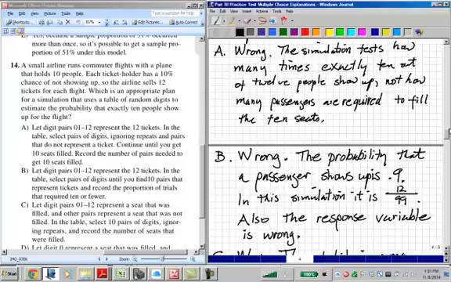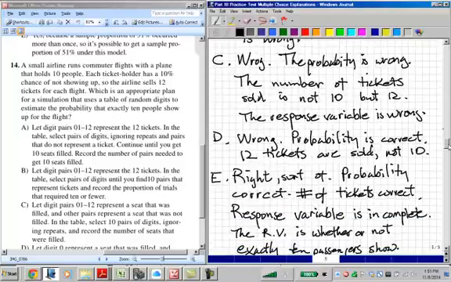Select pairs of digits until you find 10 pairs represent tickets. Okay, so you're rejecting all these. It doesn't say anything about rejecting the ones that are outside the range. So record the proportion of trials required 10 or fewer. And the response variable is wrong. Anyway, there's a lot of problems with B.